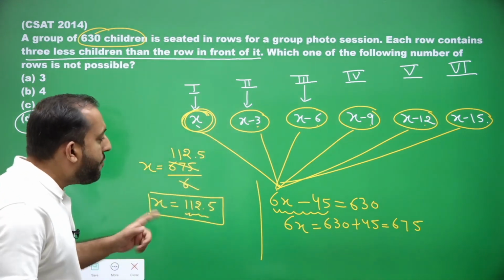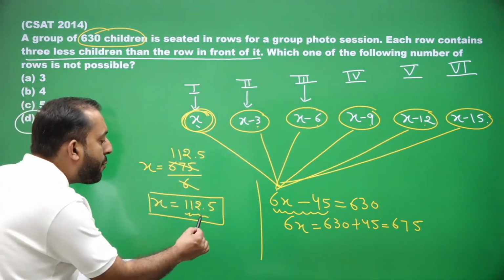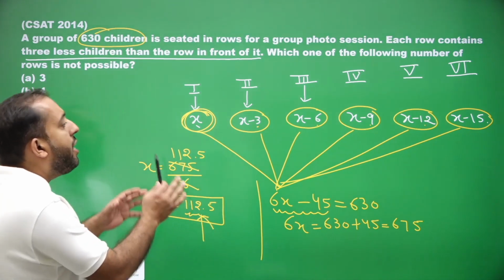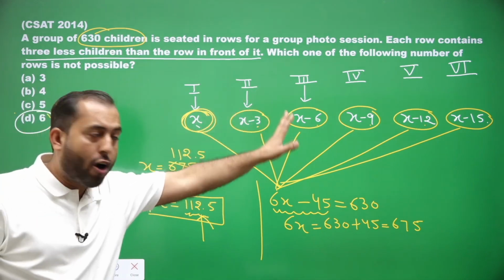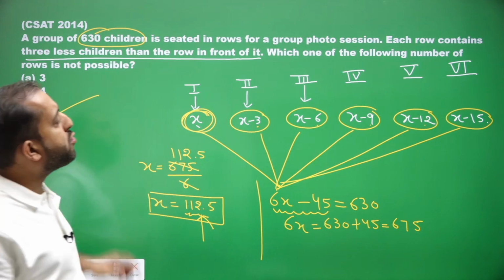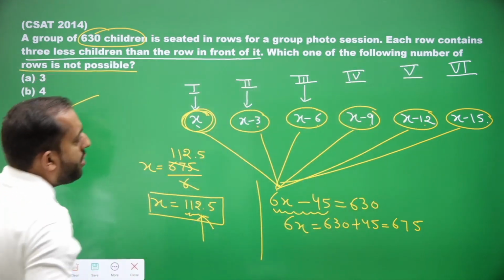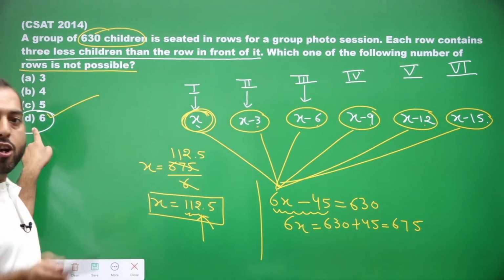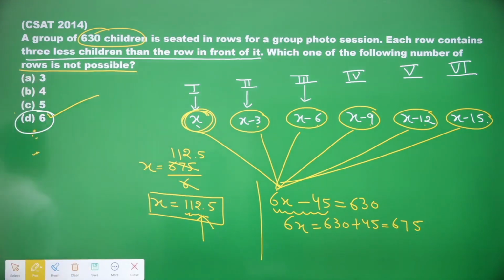So if I assume the number of rows to be 6, we get the number of children in fraction. That is why the number of rows cannot be 6, and this is what the examiner was looking for. Hence option D is the right choice. Please make a note of it.